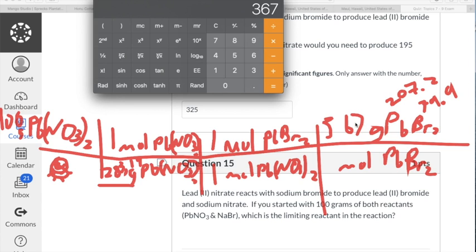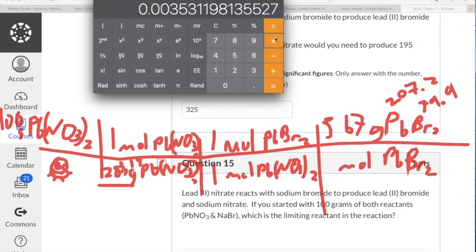367. So now I can plug all this into my calculator. Start with 100 grams of this. Multiply that by 1. So 100, multiply that by 1 divided by 283.19. Skip that because 1 over 1 is 1.